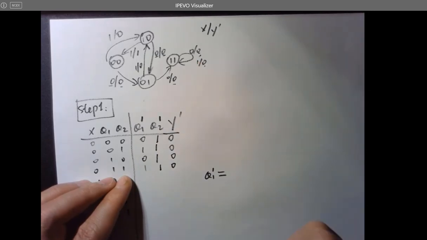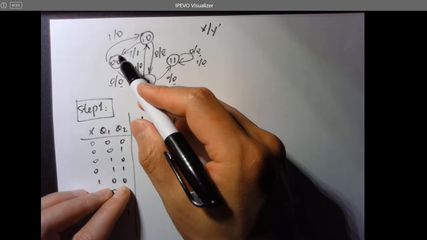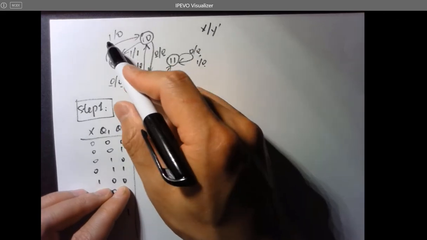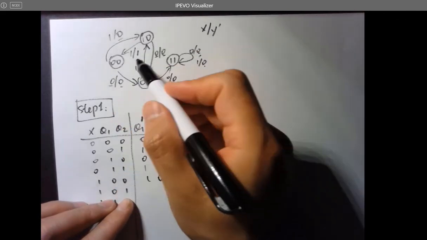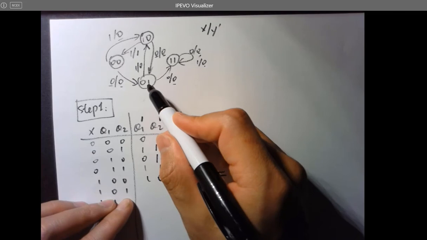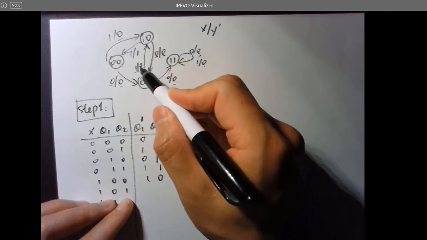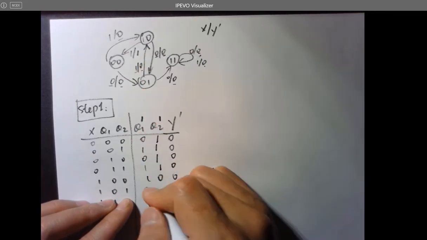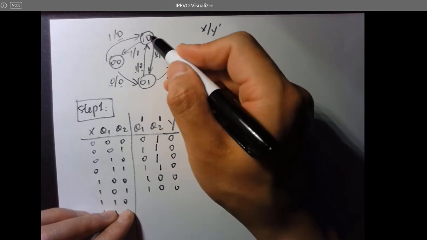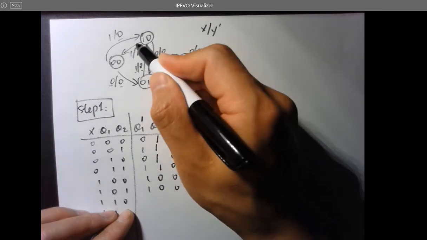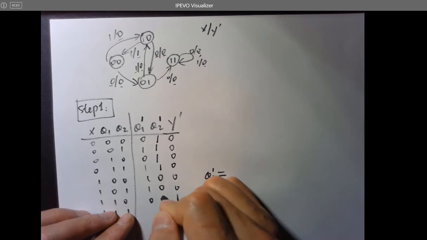That's the final output. And when Q1, Q2 is 00 and x is 1, y will be 0 and it jumps to 10. When Q1, Q2 is 01 and x is 1, y will be 0 and jumps to 10. When Q1, Q2 is 10 and x is 1, y will be 1, and the state will be 00.